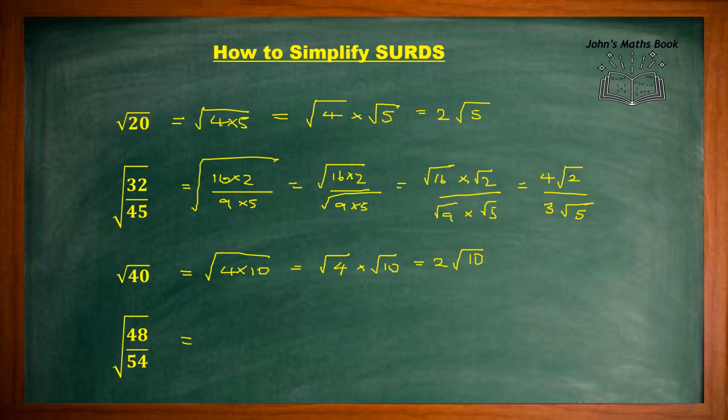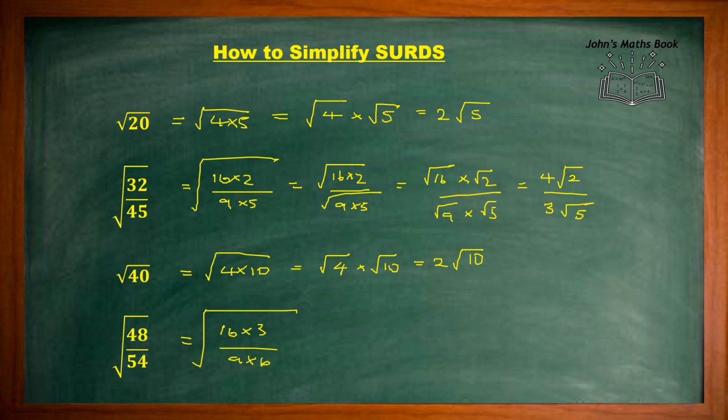So in our final example, we have 48 divided by 54 and the square root of that. So we can take each of the numbers, 48 and 54, and break them down into factor pairs. So 48 has factors 16 times 3, and 54 has pairs 9 times 6.